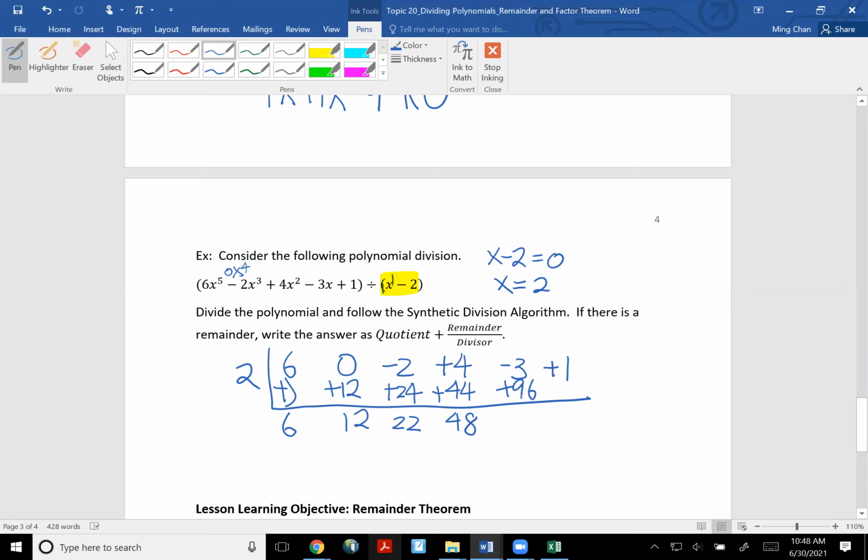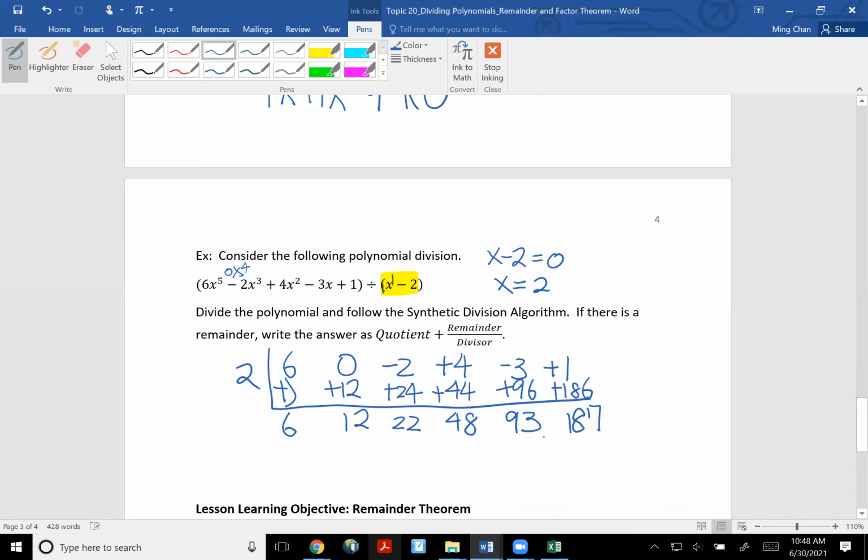Negative 3 plus 96 is 93. Multiply again. 2 times 93, 186. We add. That will be 197. Oh, excuse me, 187.